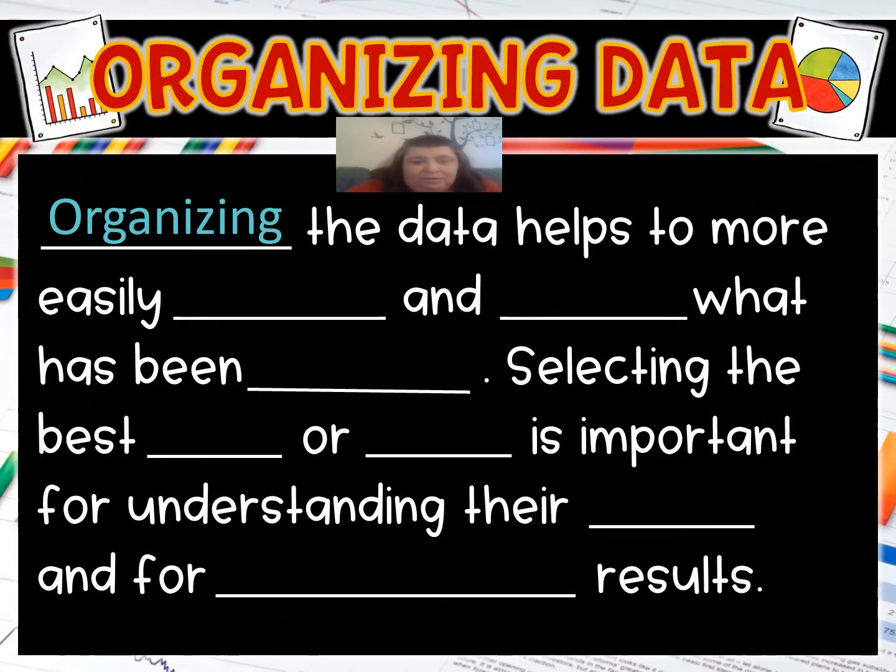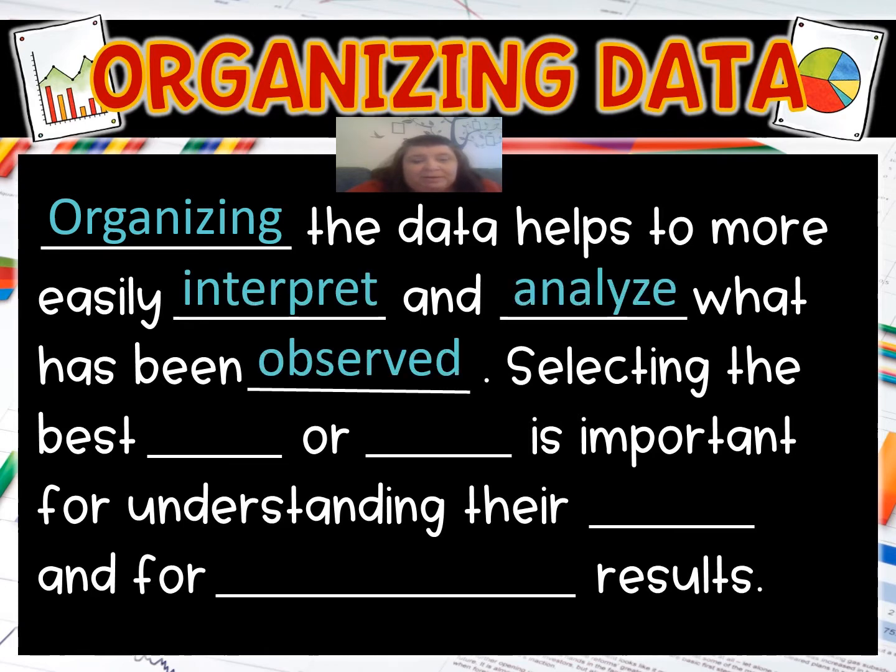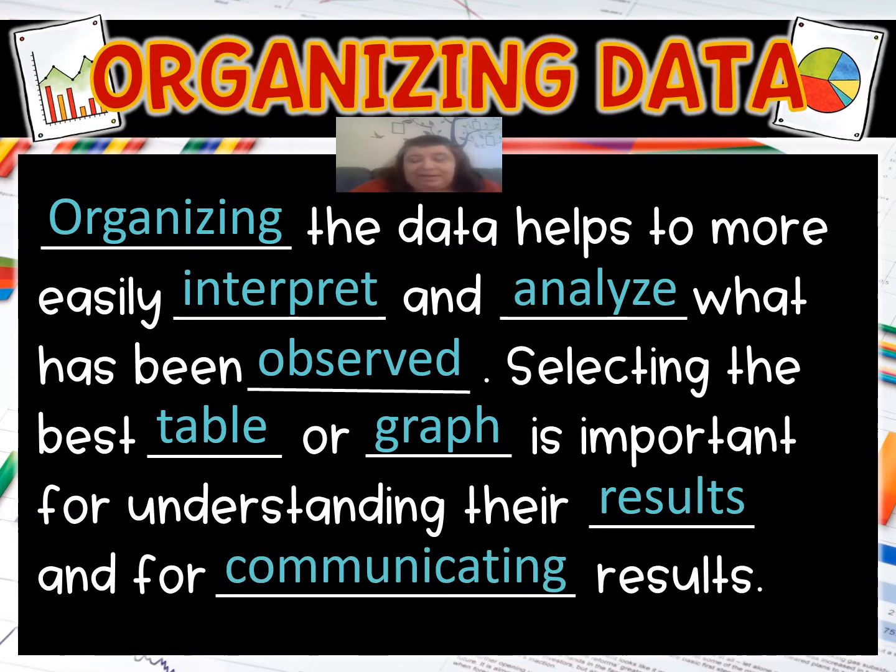Organizing the data helps to more easily interpret and analyze what has been observed. It's important to select the best kind of table or graph for understanding the results and for communicating the results. There are multiple types of graphs.